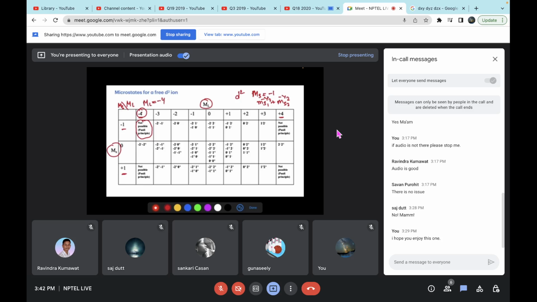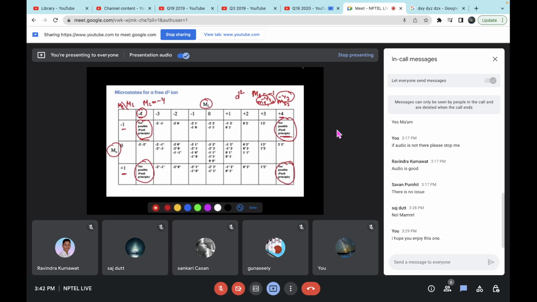So two electrons cannot be in the same orbital with the same spin. It cannot disobey Pauli's principle. So there are zero microstates here, and similarly zero microstates in this column, for ml value plus 4 and ms value minus 1, and the same with ms plus 1. No microstate is possible here too.